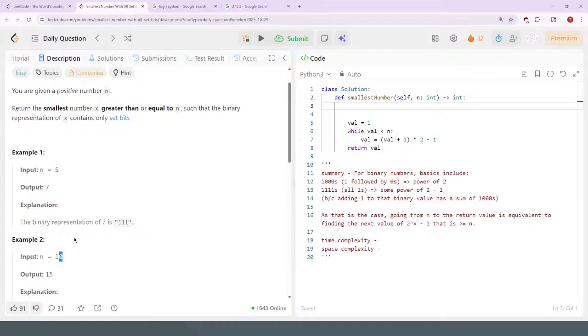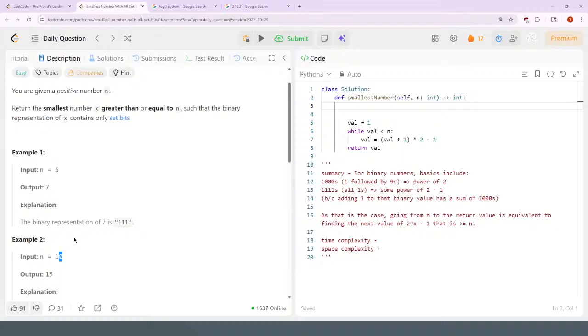So I think what I might need is to take the value of the input plus 1, then take that as the argument for log base 2, and then round that up, 2 to the power of that, minus 1.